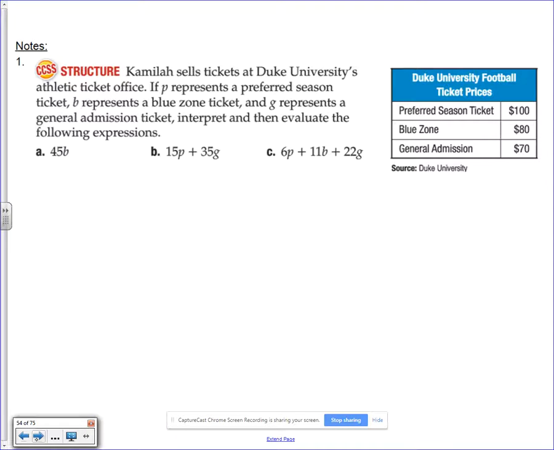This says 45 times B. I want to take out the B. Put in 80 because the blue zone tickets are $80, aren't they? How we doing up here? Doing okay? So we're going to take 45 and multiply it by 80 because they're $80 a piece. So how much would she need to be collecting from this group that was buying these tickets?